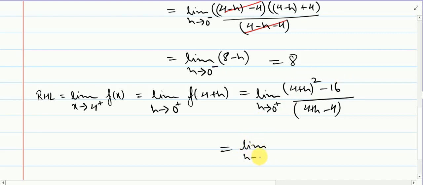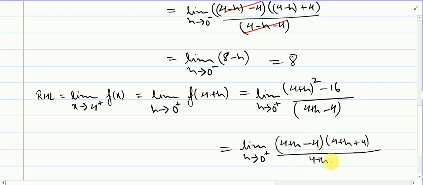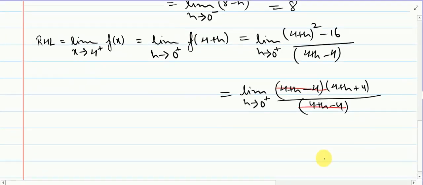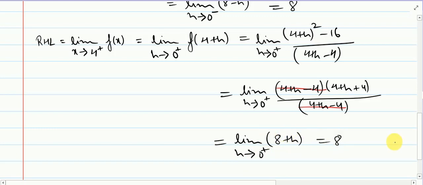So we will get (4 plus h minus 4)(4 plus h plus 4) upon (4 plus h minus 4). So these two cancelled, and you are left with limit h tends to 0 of 4 plus 4, 8, plus h. If you put h equal to 0, you are getting a definite value 8.